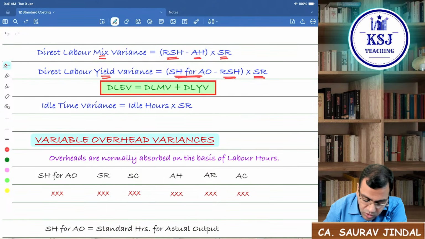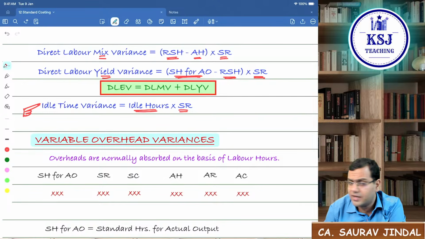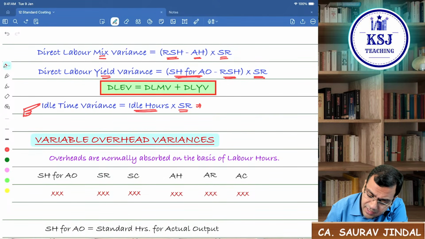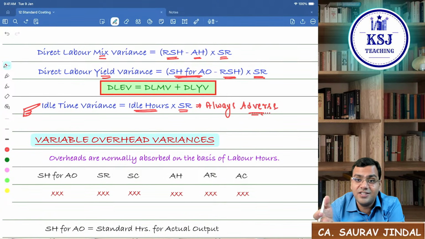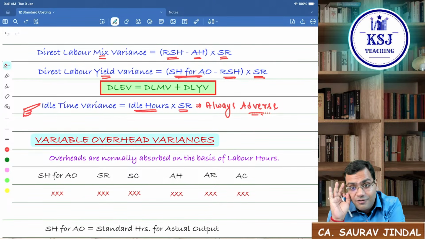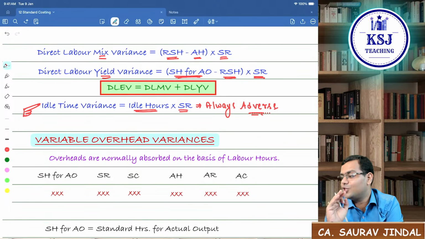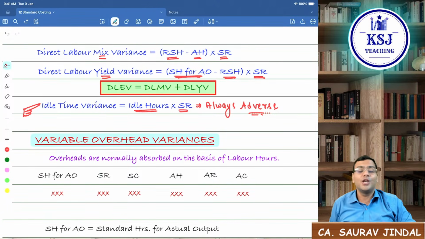Then there is one more variance here, called idle time variance, that is idle hours into standard rate. Idle time variance is always adverse. Obviously, you are paying for that time, but you are not getting actual output in it. So do not search whether to write favorable or adverse; it will always be an adverse variance.